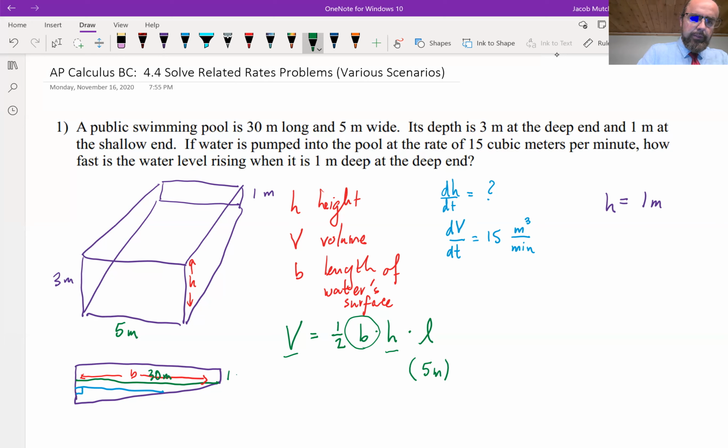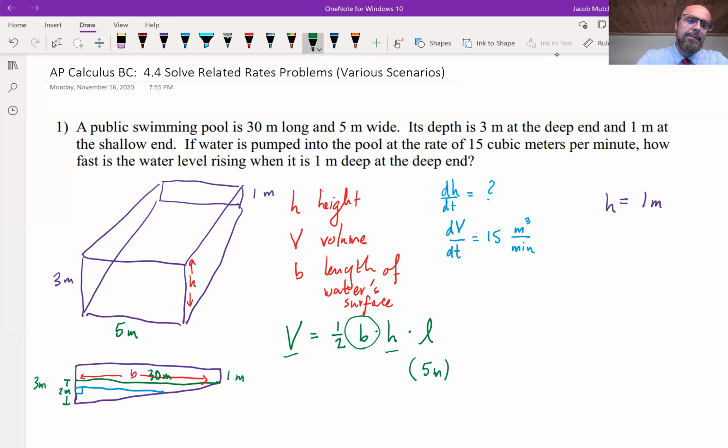Since the shallow end's 1 meter and the full deep end is 3 meters, that means that this height, when we're still dealing with a triangle and not a trapezoid, is going to be the difference. So that's 2 meters.